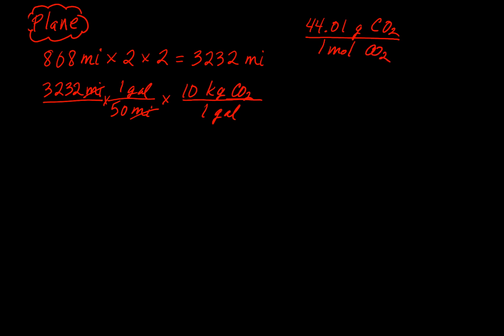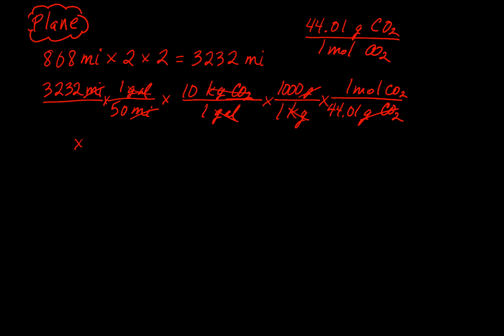So if you want to be able to use that molar mass as a conversion factor, you need to convert kilograms to grams. So in 1 kilogram, you have 1,000 grams, and now you can use this molar mass, 44.01 grams of CO2 in 1 mole of CO2. And now we're almost to molecules. Everything's canceled here, right? Grams of CO2 cancel, kilograms of CO2 cancel, gallons of jet fuel cancel. Now you're in moles.